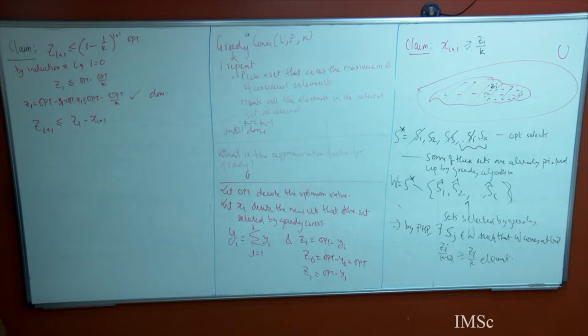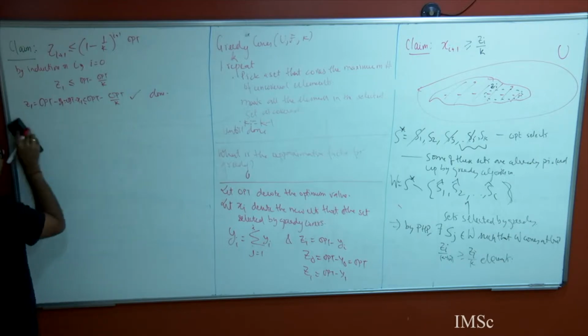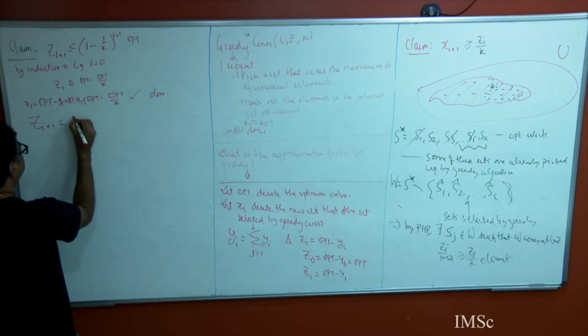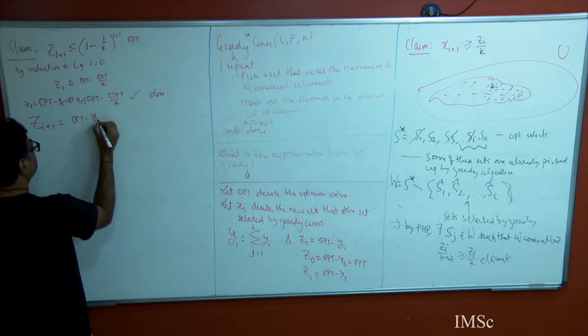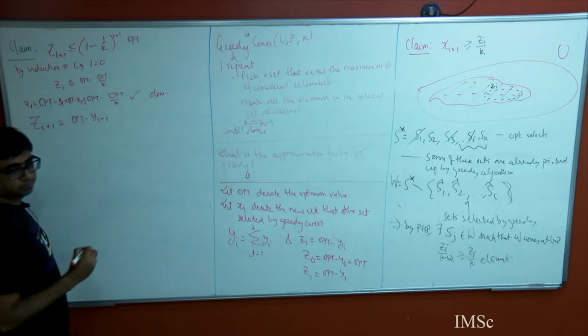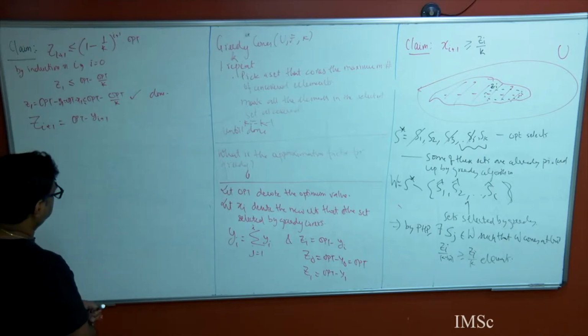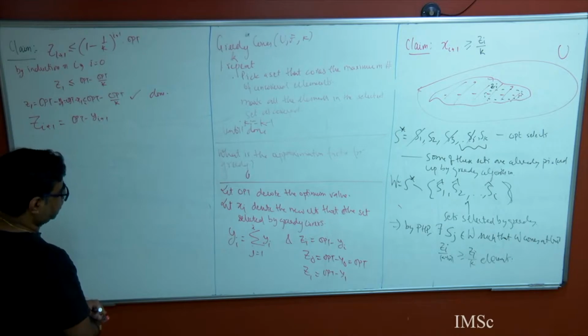Okay. Now let's look at Zi plus 1. What is Zi plus 1? Zi plus 1 will be opt minus Yi plus 1, correct?